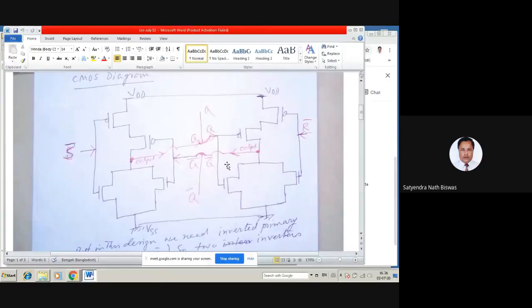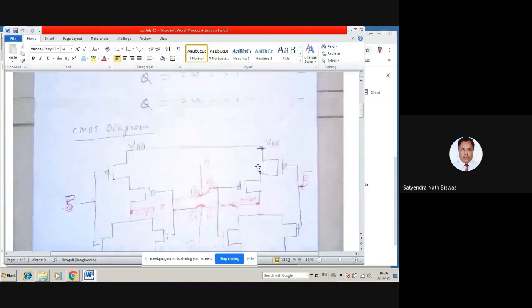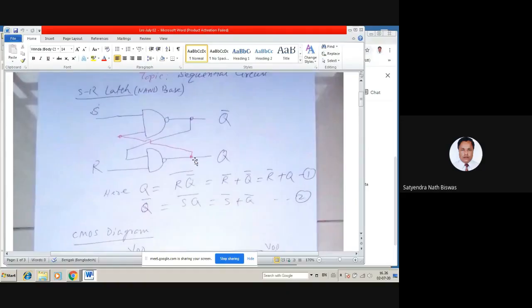Right? And now if we look at here, we know the basic circuits. You see this output from the one NAND gate, the output from one side is going to the input of the other one.